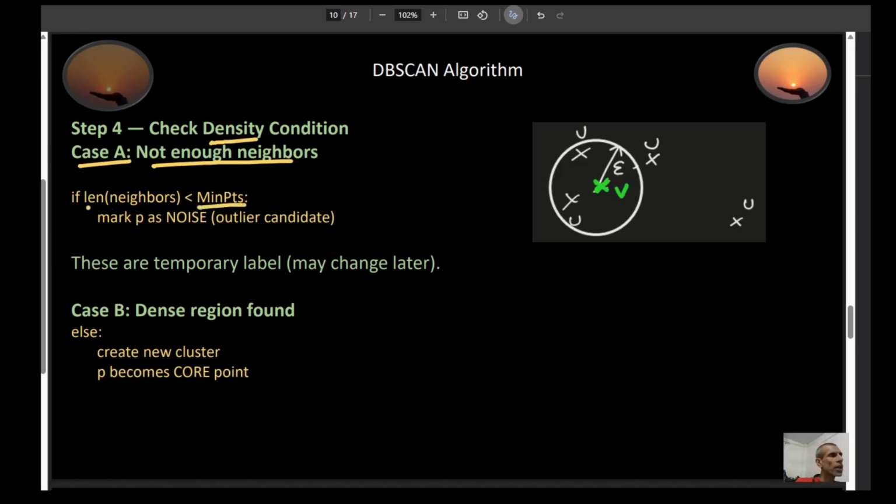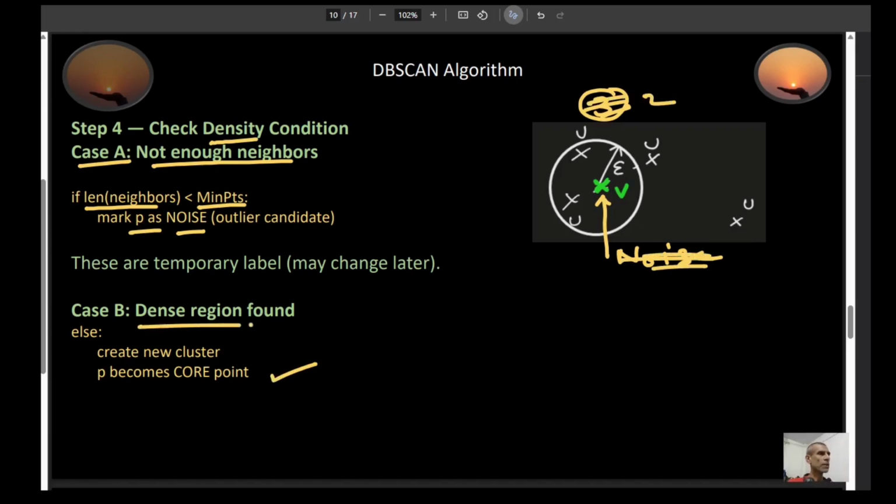You check how many neighbors you have. If your number of neighbors is smaller than the number of minimum points, then you mark that as noise. So in this case, let's say my minimum points is 3. If the minimum points is 3, this is going to be marked as noise. On the other hand, if my minimum number of points, let's say, is 2, then this would not be noise. This would be a core point. This would be your case B.